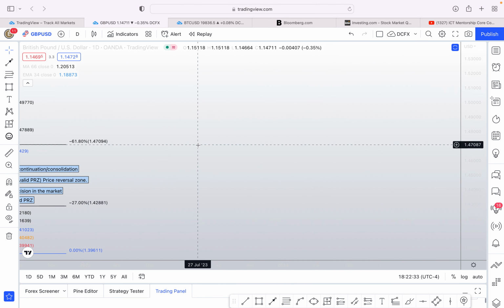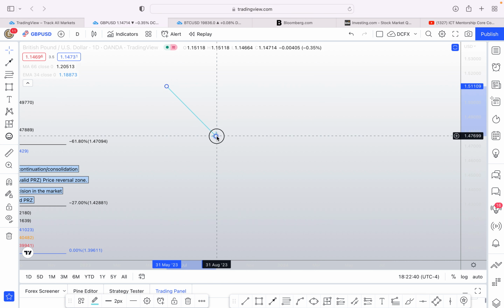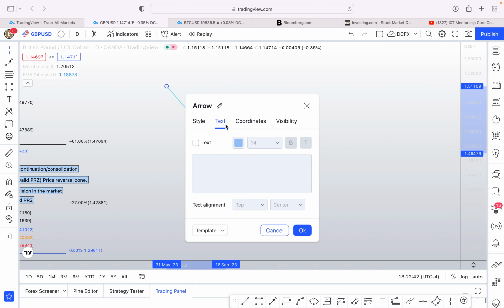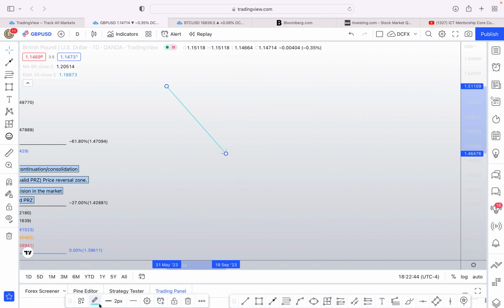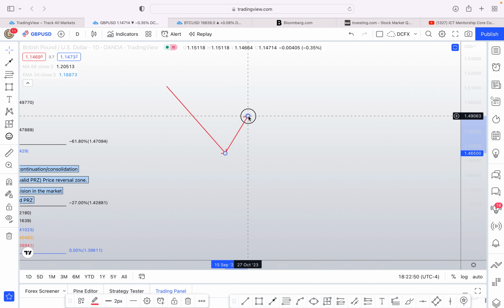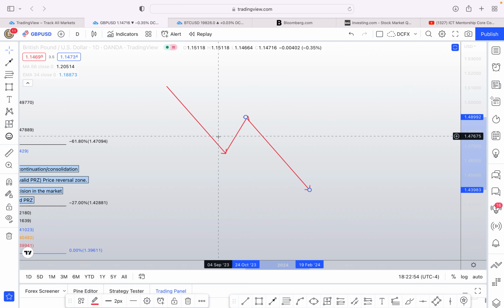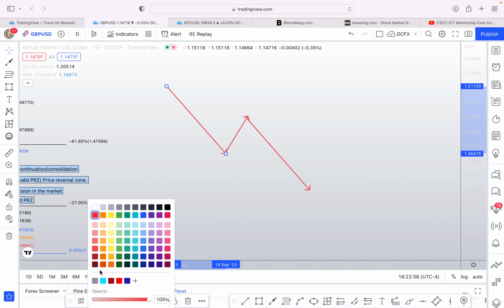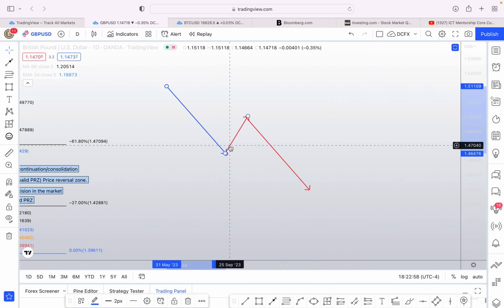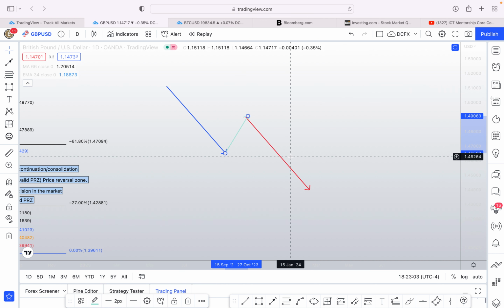And the same concept works for a downtrend as well. Let's see if we can do a red one. So if you have a downtrend and it pulls back up to make a lower high, this right here already happened. This right here is what we're trying to measure to see where the next lower high is going to be.